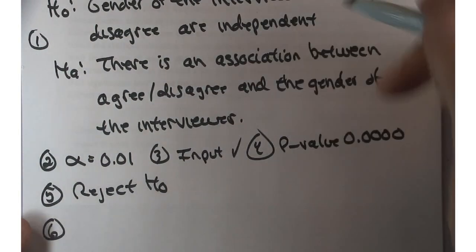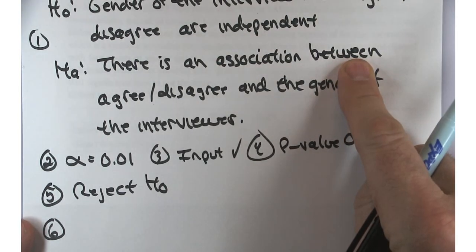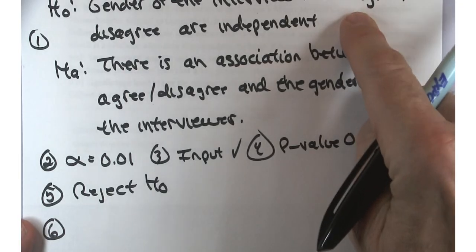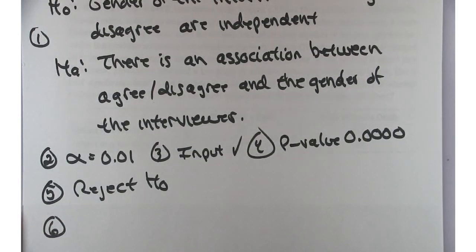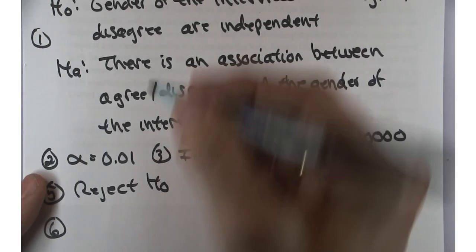One of them, you could say the data support this. I kind of did that with the last one. So let me just say that there's sufficient evidence to reject this claim that they're independent. Just to mix it up a little bit. On a test, you could say either one.